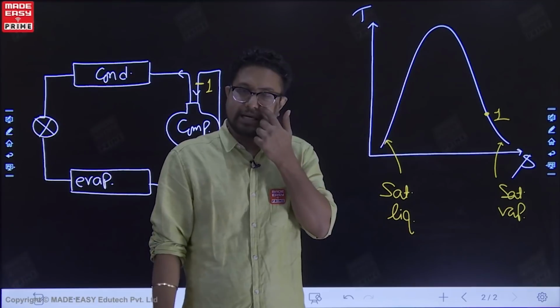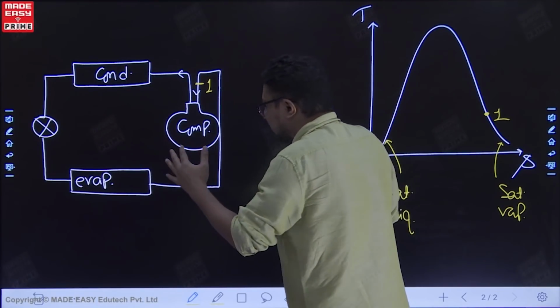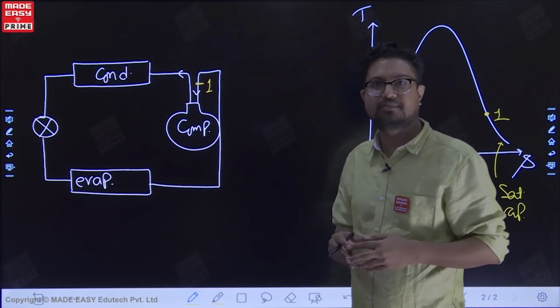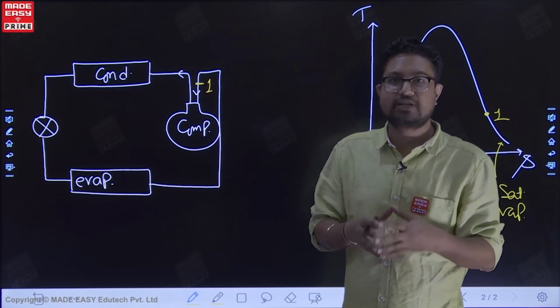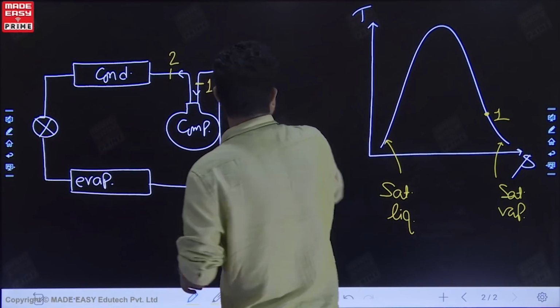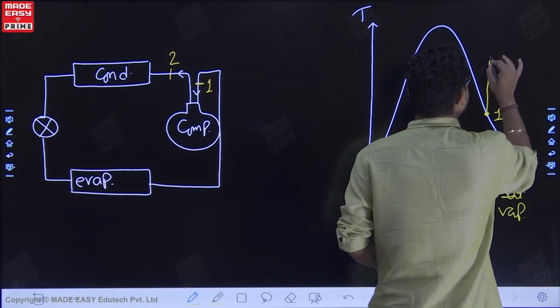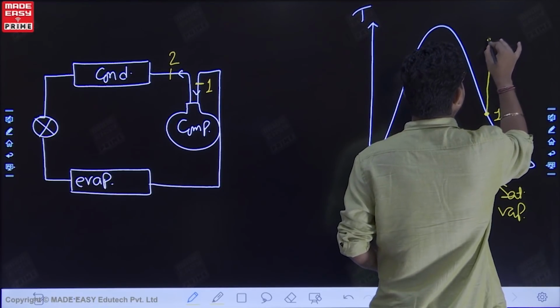Now, point 1 is saturated vapor. So, what I am doing, we are compressing the vapor. In the ideal case, we assume isentropic compression. So, this is 1 to 2, isentropic compression. So, we reach somewhere here, let us say point 2.